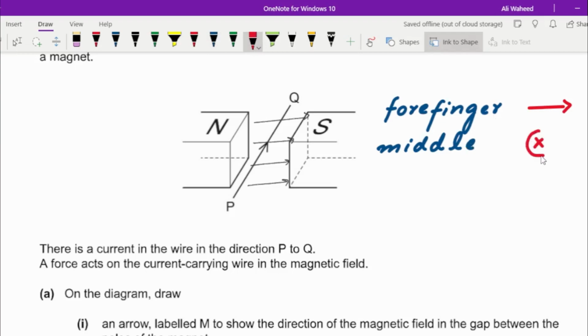So I'm going to draw inward like this. Then you stretch your thumb as well, and the direction of your stretched thumb gives you the direction of the force. So what do we get from here? Try to do it by yourself.